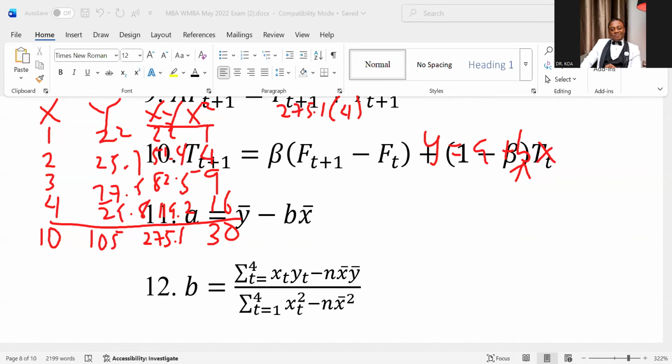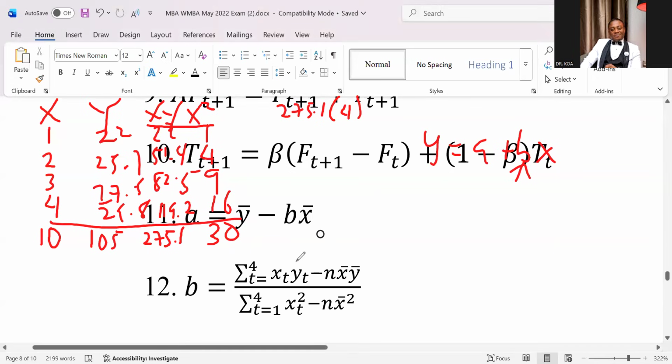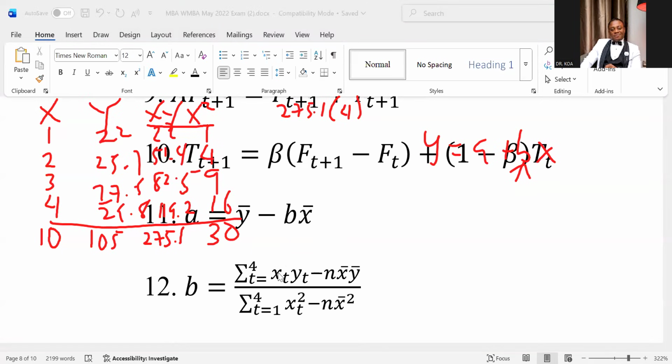Now, why do I say 4? Check it. When you look at the formula carefully, it says that you are doing it for each one of them. So I do x times y, and then I sum them up. Hold on. No, it's just 275.1.